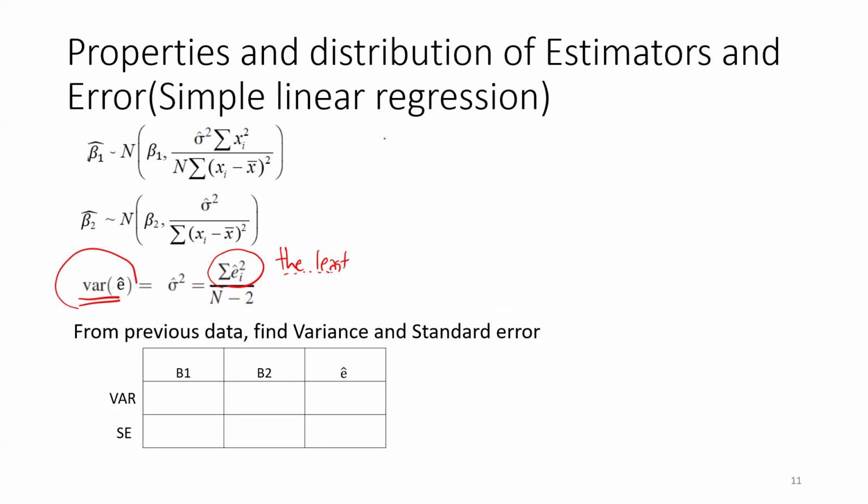So variance of error in the case of simple regression equals this formula: sigma error hat square over n minus 2.